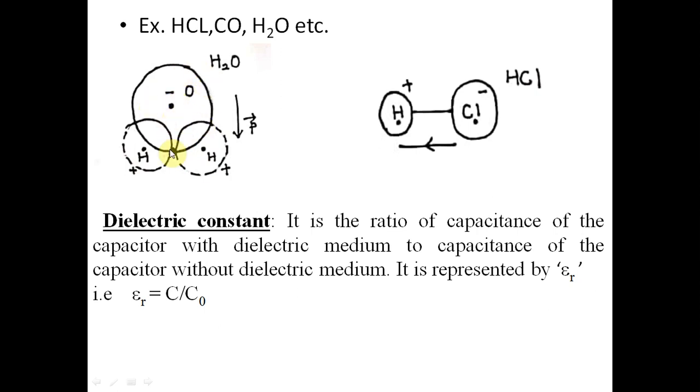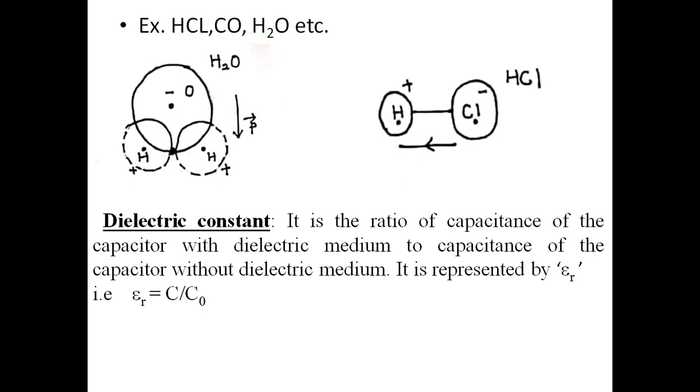Then there is a separation created between the negative and positive, so the dipole moment is from the negative to positive. Similarly, there is a separation in HCl also. So the negative and positive centers do not coincide in polar dielectric molecules.